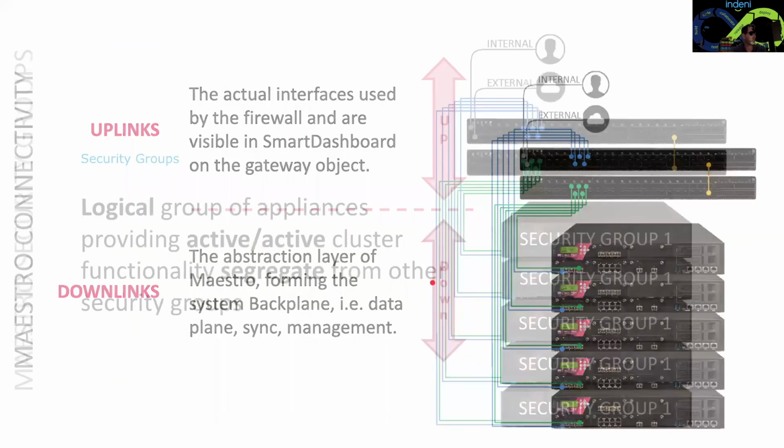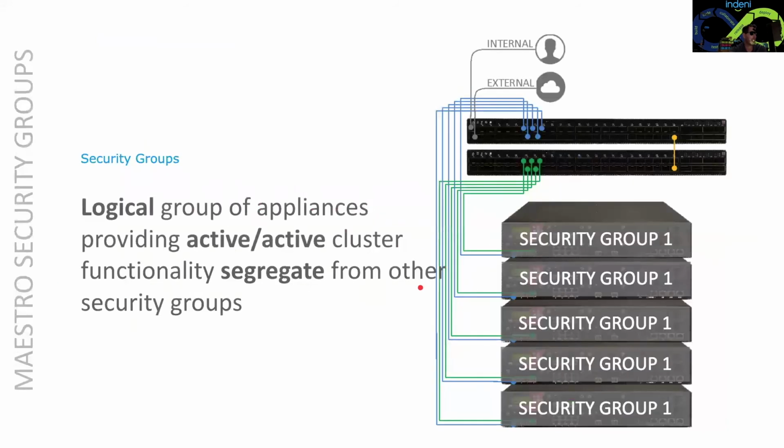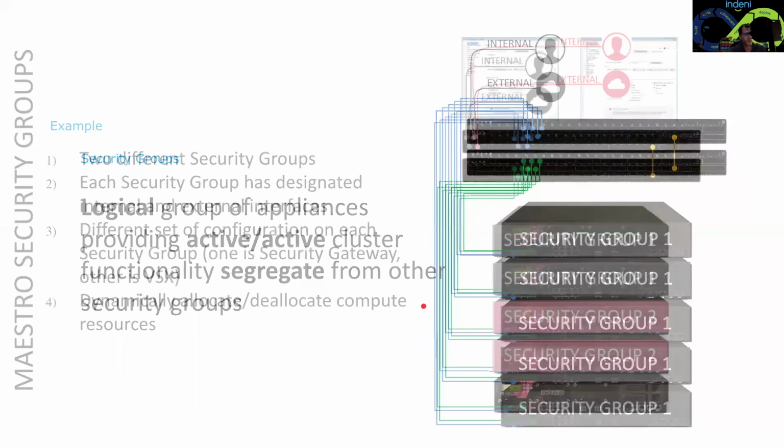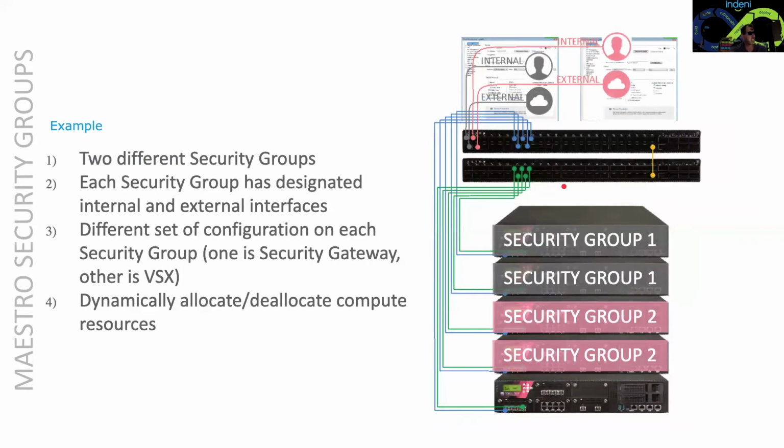Okay, I will not go through this. Okay, so in this slide, we can see a visualization of multiple security groups. Again, to emphasize, they can be of a different version, different appliance.